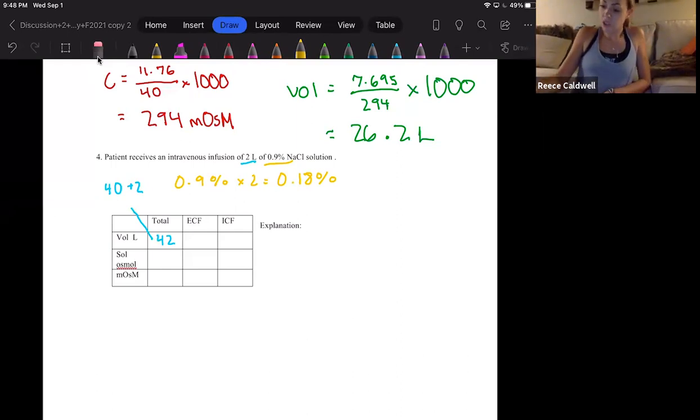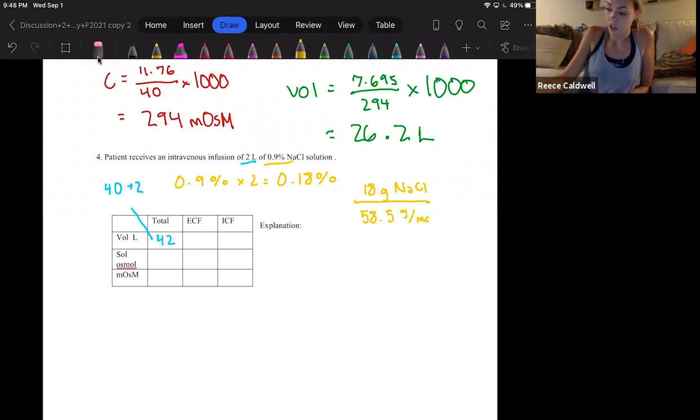We now need to convert that into moles. So what we're going to do is take the 18 grams of sodium chloride divided by its molecular weight of 58.5 grams per mole. And when we solve that, we're going to want to multiply it by 1,000. Or no, we don't want to multiply it by 1,000 because we want to keep it in terms of osmoles.